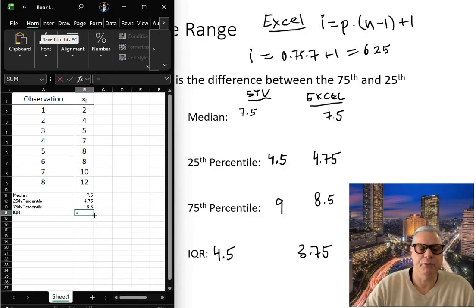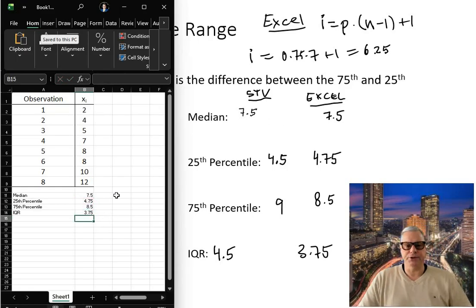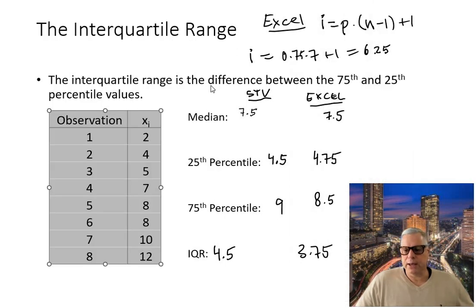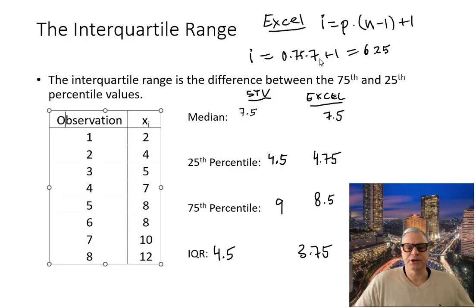We just subtract from the 75th percentile the 25th percentile. We get 3.75. So again, it's just a review of some of the formula. Please remember, Excel uses this formula, but in the textbooks, you sometimes find this simplification. But yeah, keeping them separate is not that difficult.